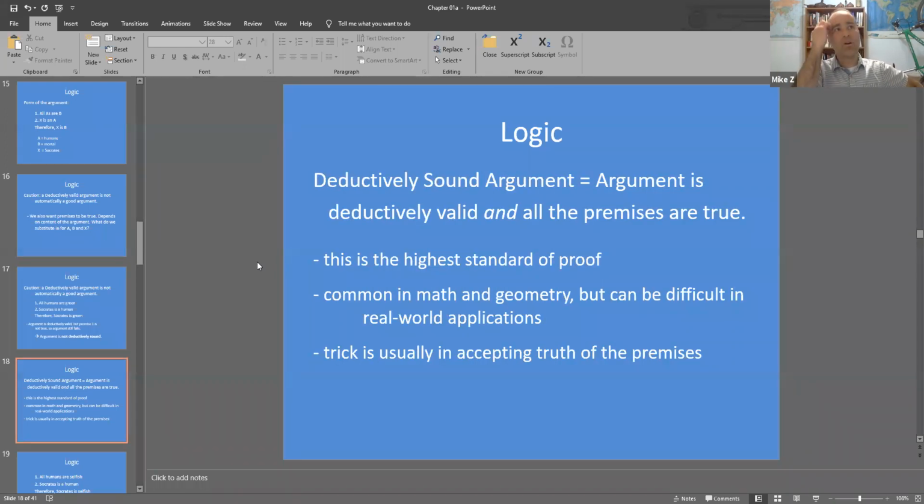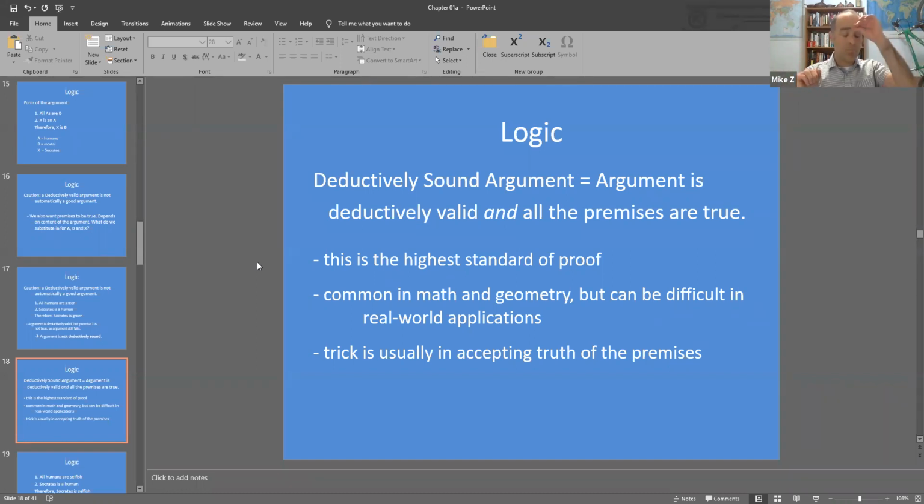As I mentioned before, these kinds of deductive arguments, especially deductively sound arguments, are airtight, just absolutely guaranteed perfect arguments. Those are pretty common in mathematics and geometry, but a little harder to establish in real life situations.